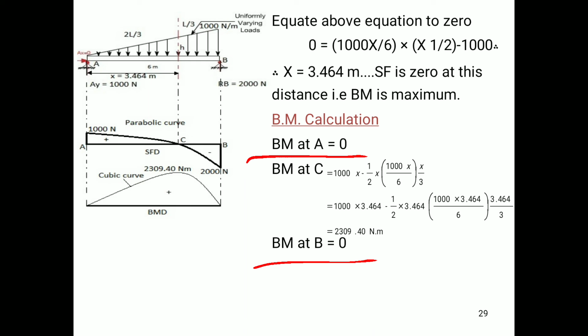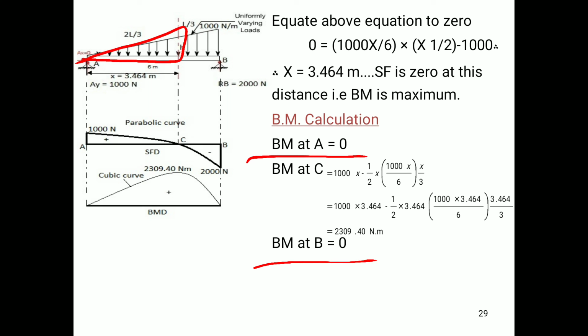Now bending moment at point C can be given by this: 1000 load is acting at a distance of x, because at point C we have this value. It will become 1000 into x minus 1/2 into x into 1000x upon 6 into x by 3, because this RAY is acting at a distance of x, therefore the moment is this one, minus this particular triangular portion.